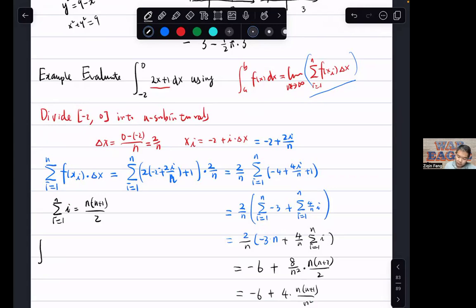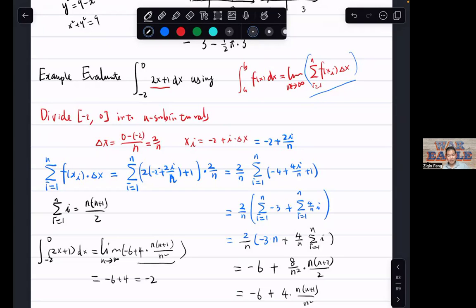So the integral from -2 to 0 of 2x plus 1 dx is the limit as n goes to infinity of the Riemann sum, -6 plus 4 times n times (n plus 1) over n squared. The second term is infinity over infinity. You can apply L'Hopital's rule, so you get 4 there. This is -6 plus 4, which is -2.